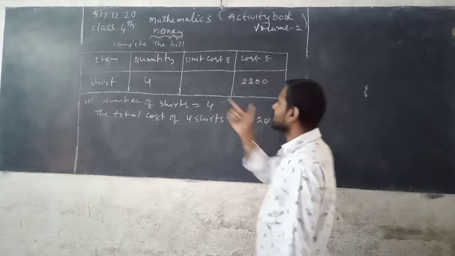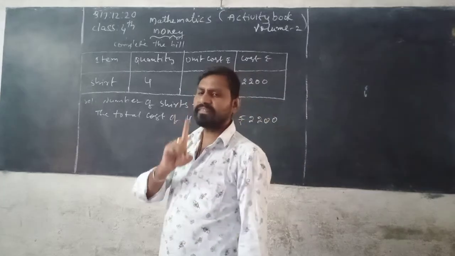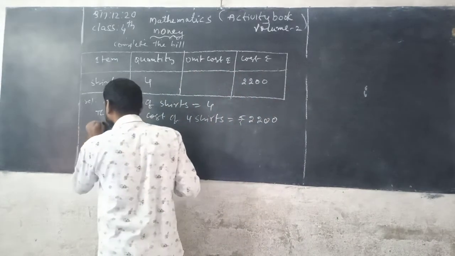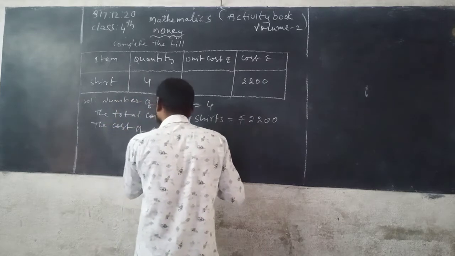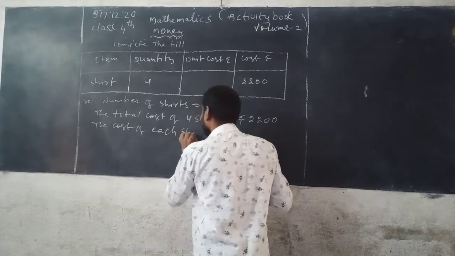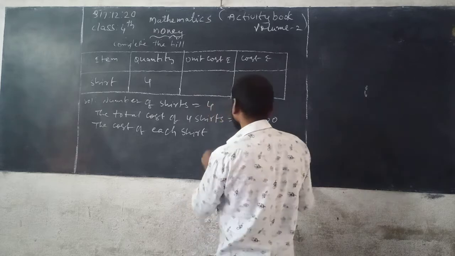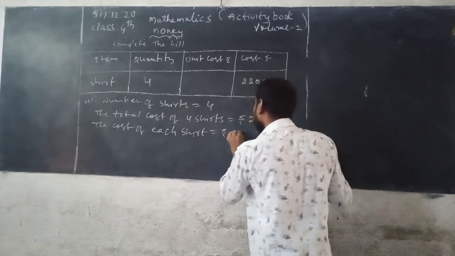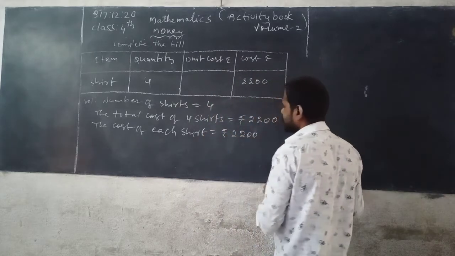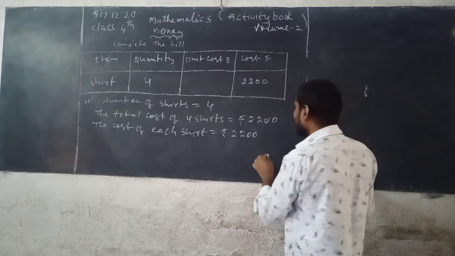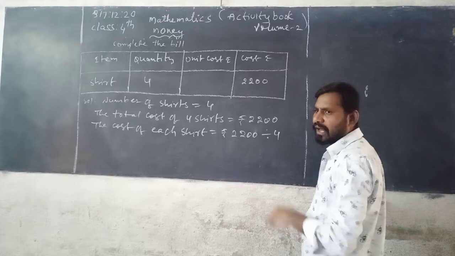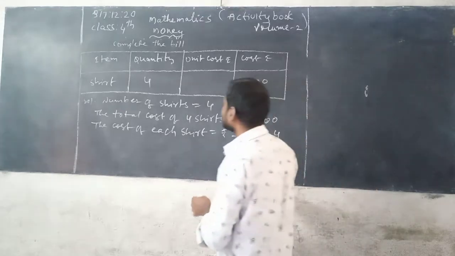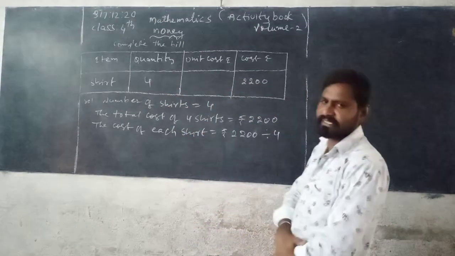Now you can find out unit cost, means the cost of each shirt. That is equal to 2200 divided by 4. See here. Write down everybody this information.